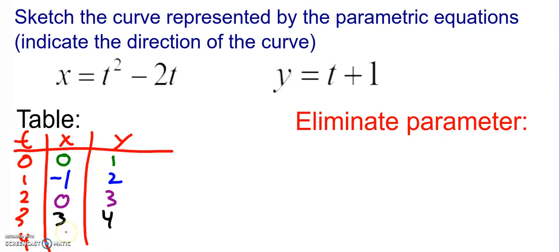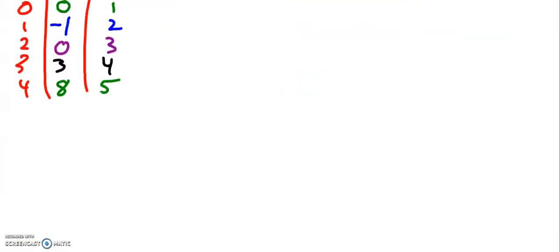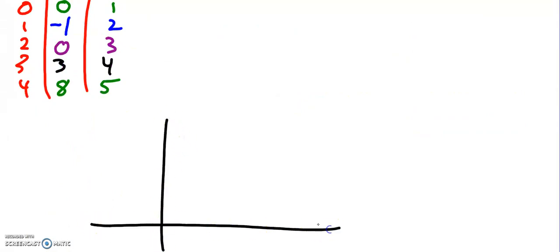And let's do one more. So if I plug in 4 to the x equation, I get 8. And if I plug in 4 to the y equation, I get 5. So now if we want to graph this, we can plot points. So let's do negative 1 is the farthest left we went, and then 1, 2, 3, 4, 5, 6, 7, 8.